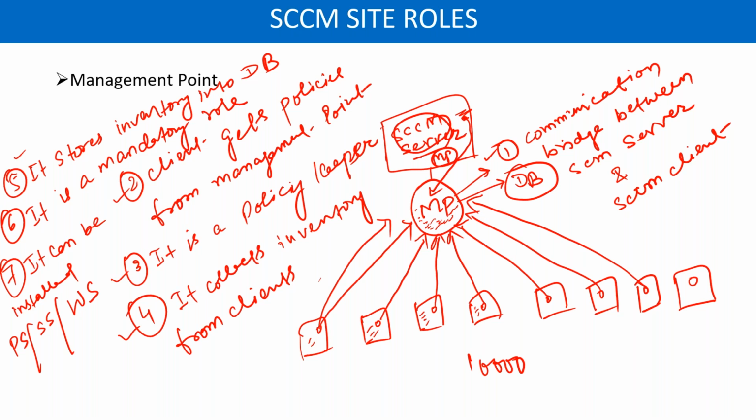Point number 5, what it does with the inventory, it saves it into the database. Point number 6, it's a mandatory role. Point number 7, you can install management point on a primary site, secondary site, or any other Windows server. I hope it's clear, everyone. All good?